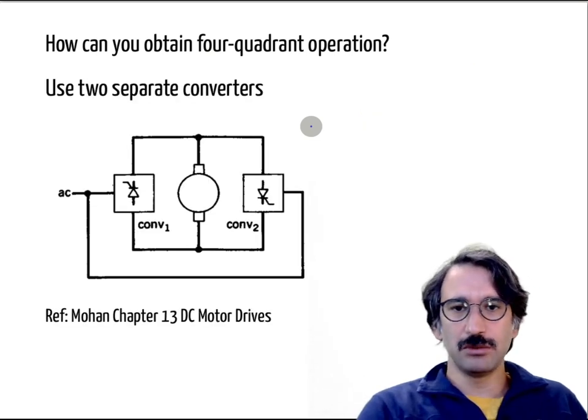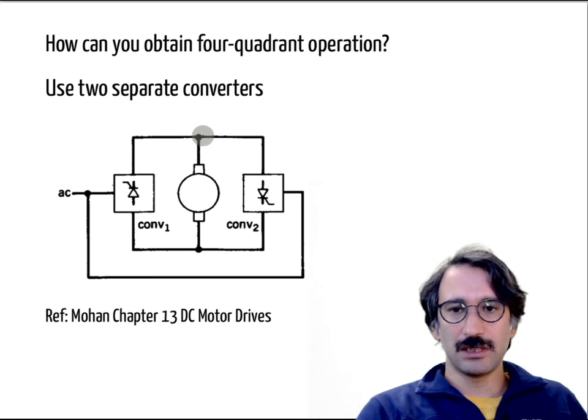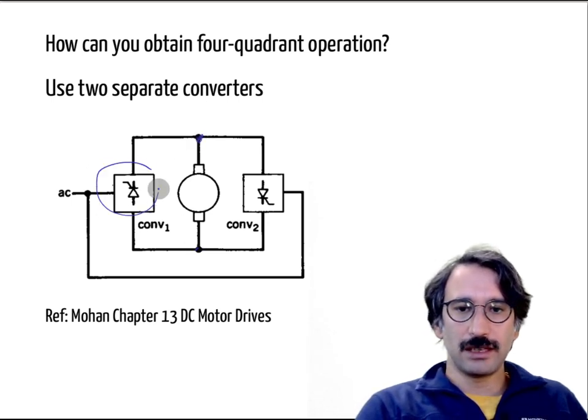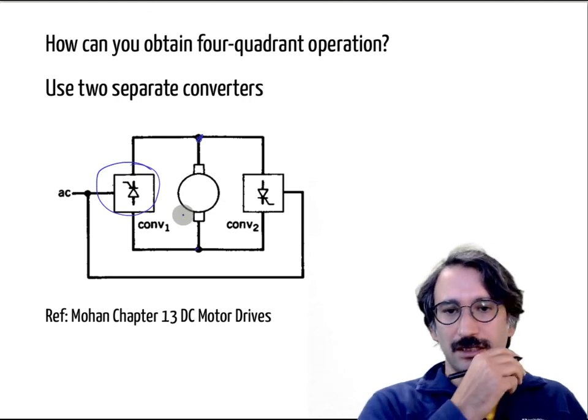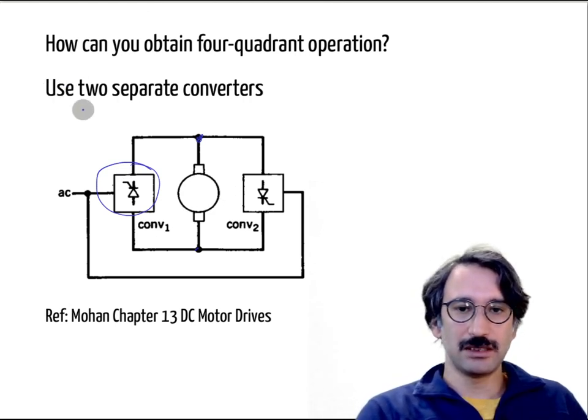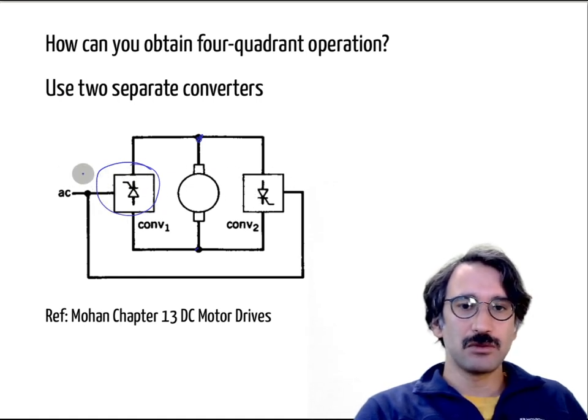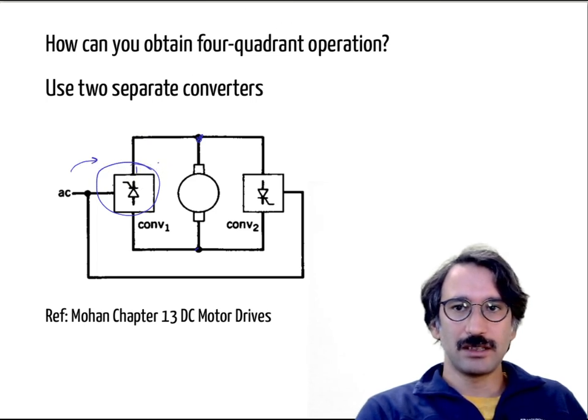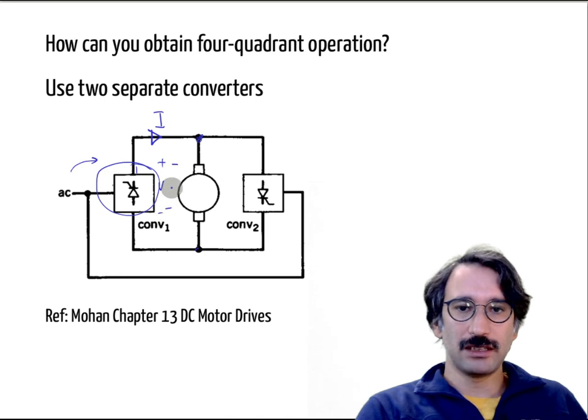What you can do, and this is still used in some large DC motor drives, is connect 2 thyristor blocks, single phase or 3 phase, in anti-parallel direction like that. You can supply from here, the current can flow like that, and the voltage can be positive or negative.